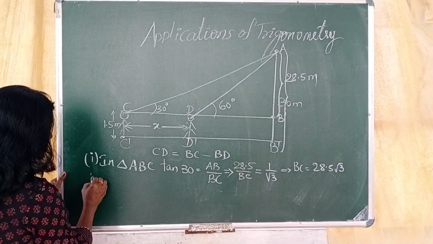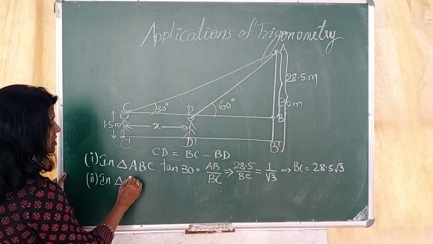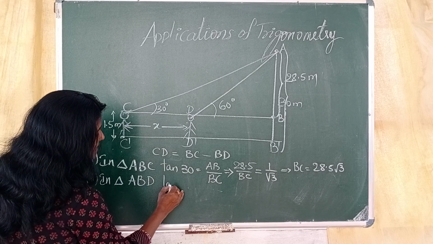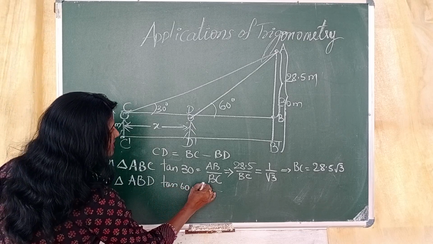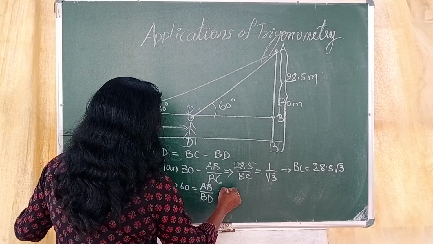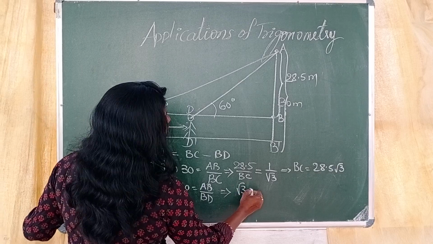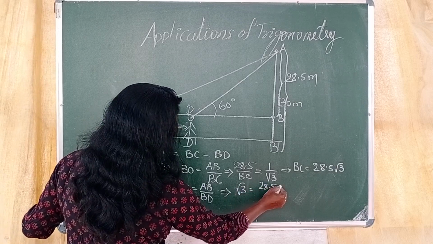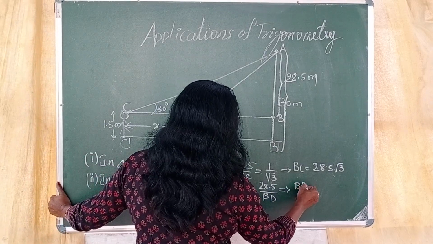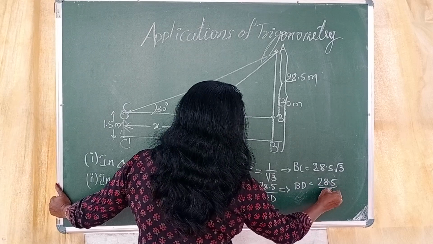Similarly, to find BD, which triangle do I have to consider? ABD, tan 60 degree now. Tan 60 is equal to AB by BD. Tan 60 is root 3, equal to AB which is 28.5 divided by BD. Therefore, BD is equal to 28.5 by root 3.